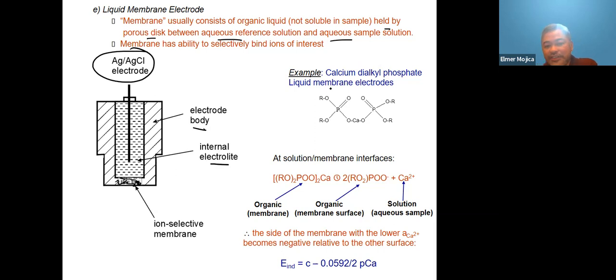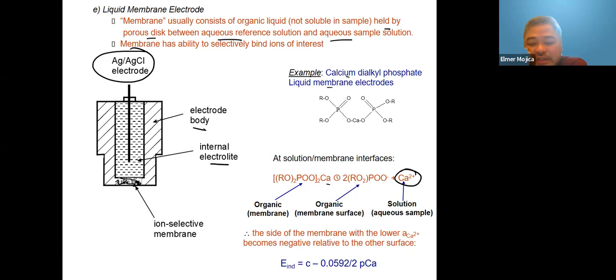So ang ano nito is what we call calcium dialkyl phosphate. That's the liquid membrane electrode. And what happened at the solution or the membrane interface, this is the one that is happening. At nababago siya based doon sa concentration ng calcium ion mo doon sa solution or sa sample na mini-measure mo.